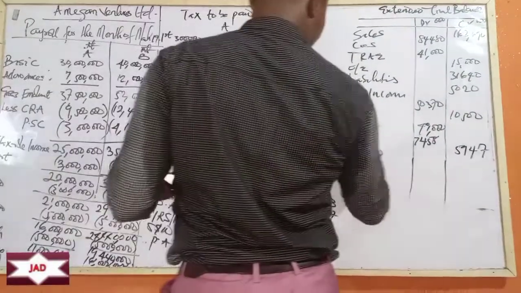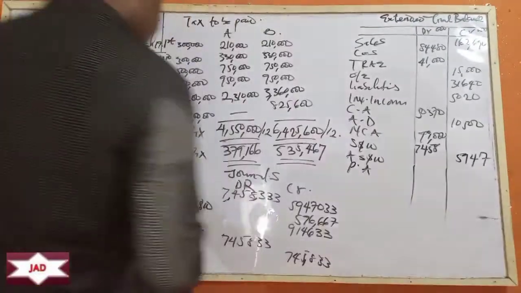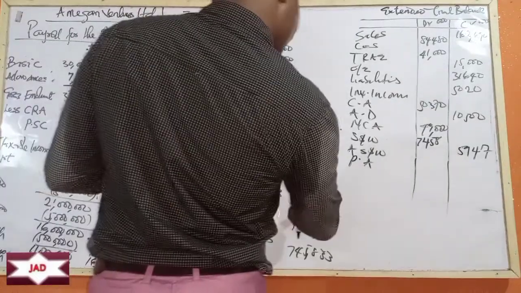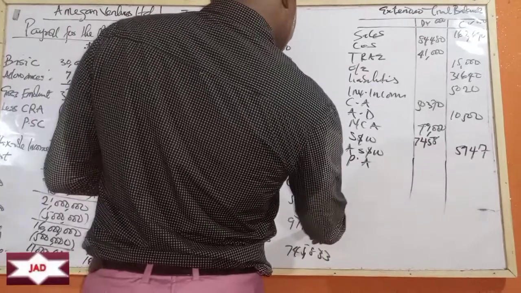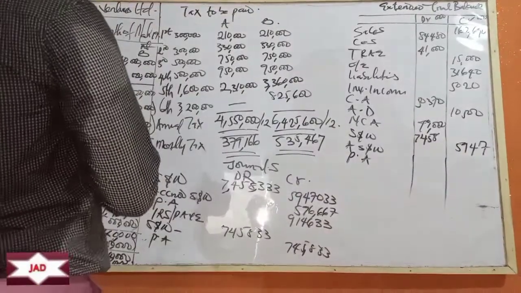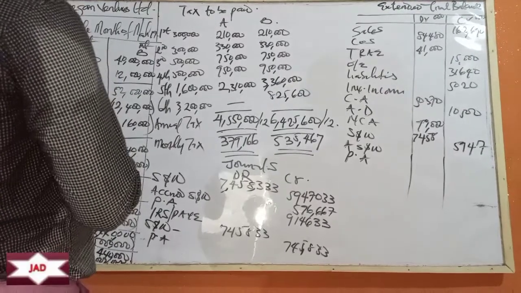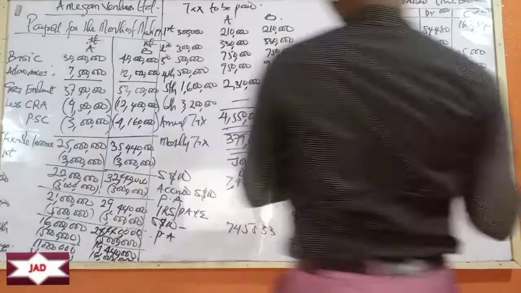Pension administration, what do you have? Accrued salaries and wages is 5,947. Then pension administration is 596,667, that's 597 approximately.